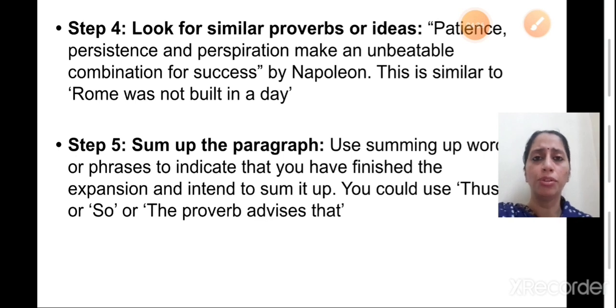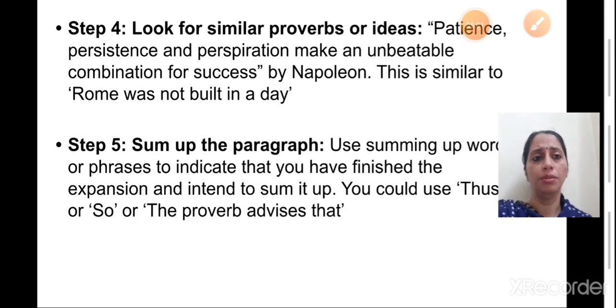You could use words like thus it is rightly said, so it is rightly said, thus the proverb advises that. You can add more to it, and sum up your expansion of proverb. I hope I'm very clear.